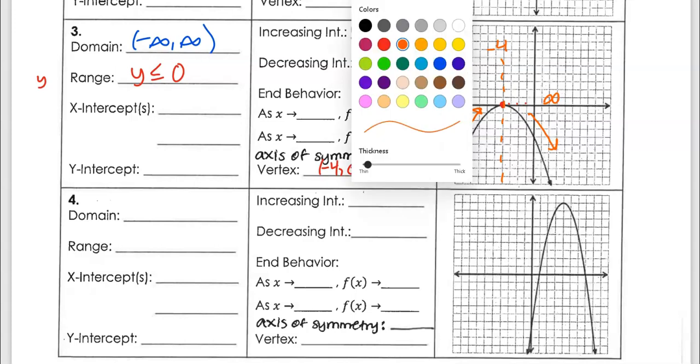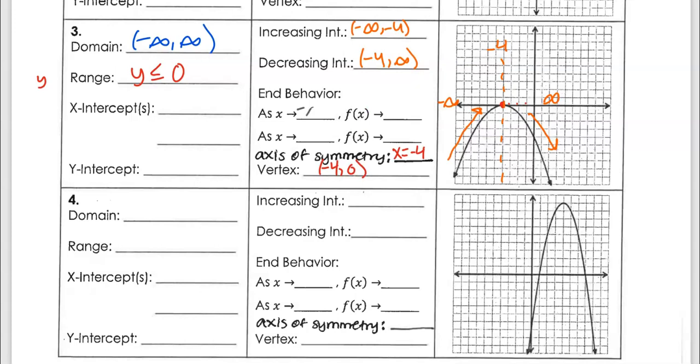End behavior? Okay. We have the left side, we have the right side, and they're both going where? Down. How do I put down as a symbol? Negative infinity. All right. All we have left are my intercepts. You want to do the x's or the y's first?